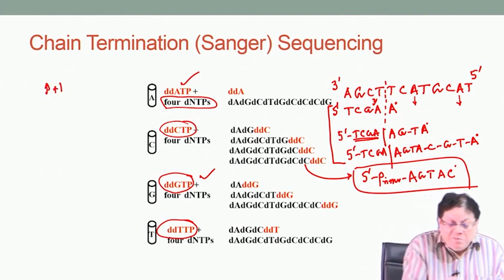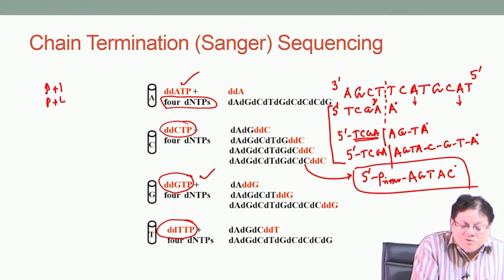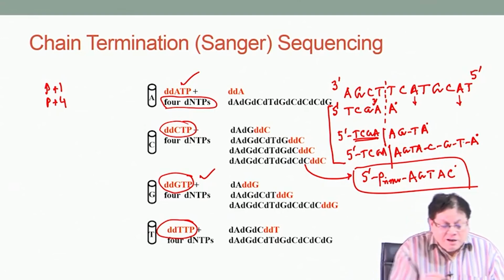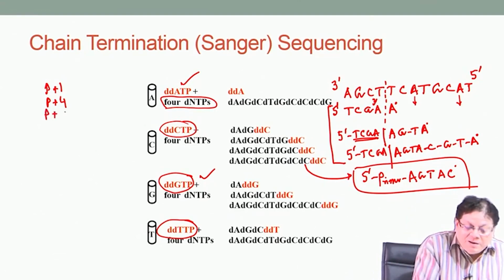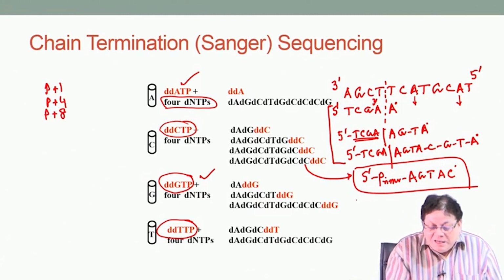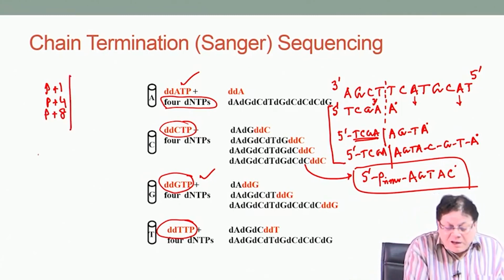Also, you will get primer plus 4, P plus 4, and in another one you will get primer plus 1, 2, 3, 4, 5, 6, 7, 8. So, primer plus 8, 8 nucleotides are joined. In the case of C, you will get primer plus 5, I could see.